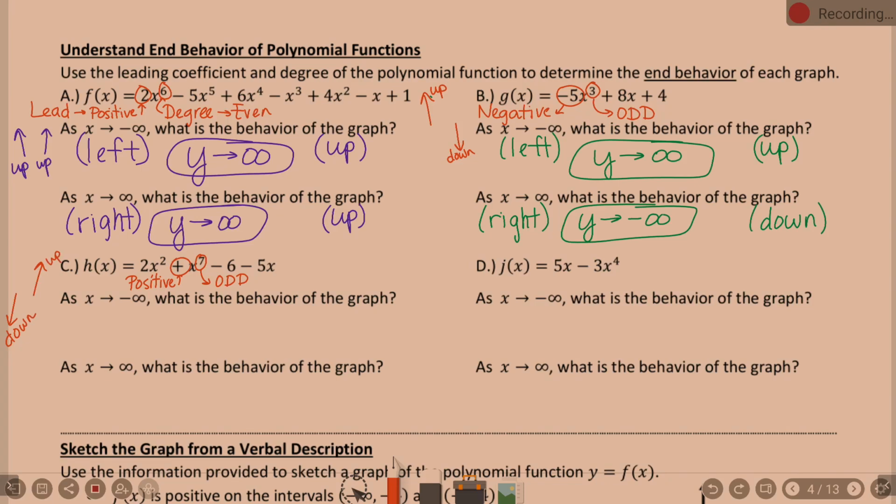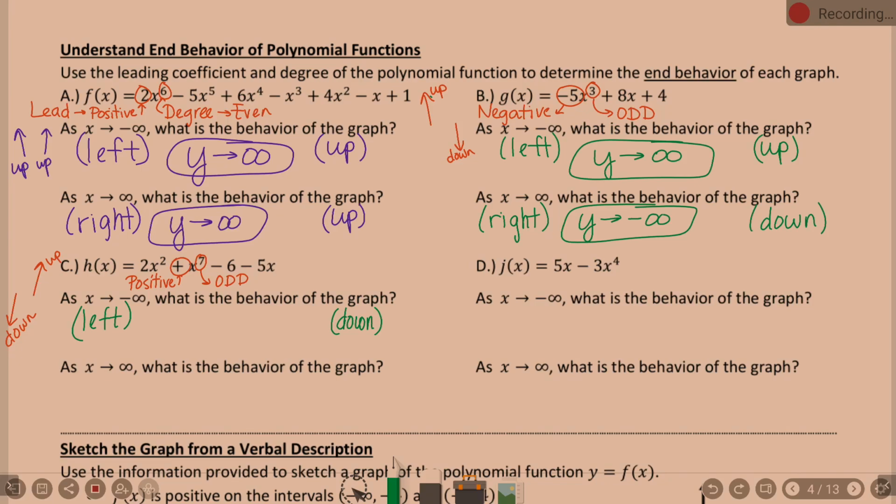Okay, here we go. As x approaches negative infinity, that is fancy speak for as we look at the left side of the graph. What's the left side of this graph doing? It's going down.